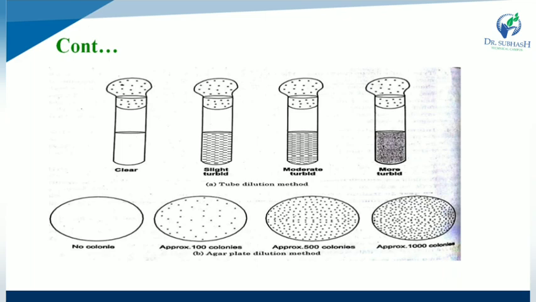Next is a slightly turbid solution, meaning around 100 colonies are formed, while next is moderate turbidity, meaning above 100 colonies are formed, and last is more turbidity, meaning approximately 1000 colonies are formed. That is the figure of the tube dilution method.